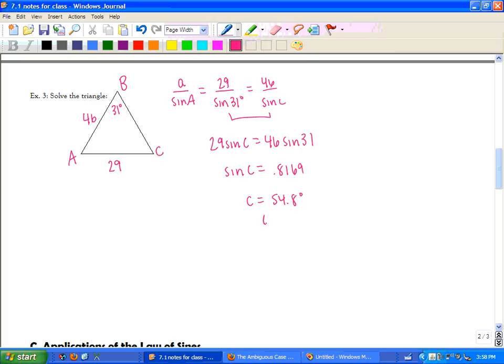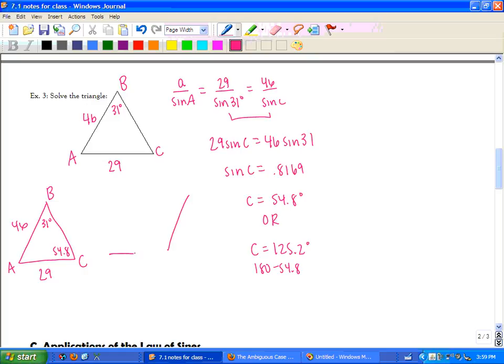And so we'll get that angle c equals 54.8 degrees. So it could be that, or if you take 180 minus 54.8, we would get 125.2. So those are the 2 possibilities for angle C. So if you want to draw those out, basically like the triangle that we have there. So we'd have a 31-degree angle, 46, 29, and C could be 54.8.